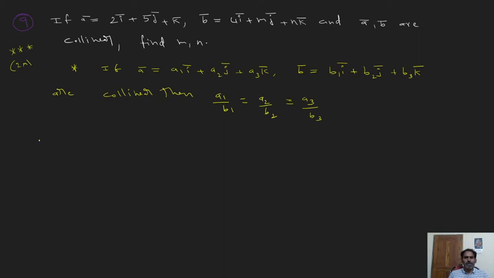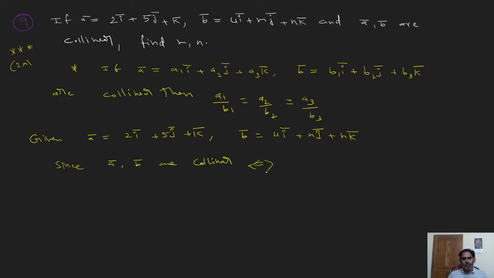What are the given vectors here? A bar equals 2I bar plus 5J bar plus K bar. B bar equals 4I bar plus MJ bar plus NK bar. So since A bar, B bar are collinear, what is the condition?